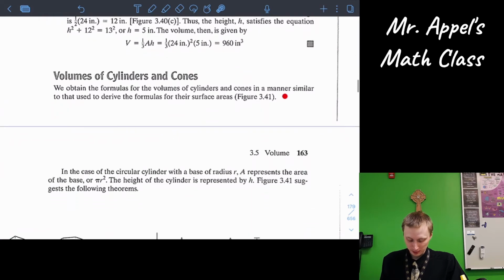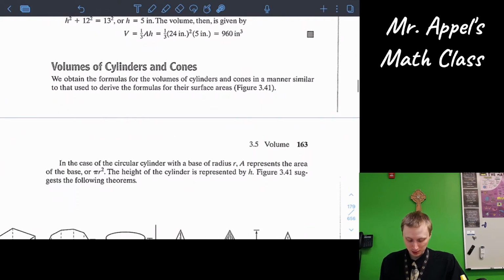Now, cylinders and cones. Just like with surface area, we can develop the formulas for cylinders and cones out of prisms and pyramids. We obtain the formulas for the volumes of cylinders and cones in a manner similar to that used to derive the formulas for their surface area.